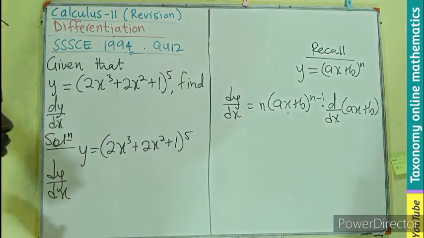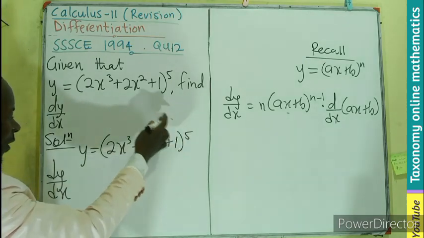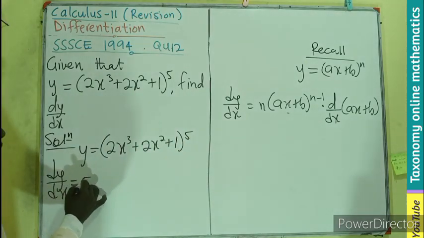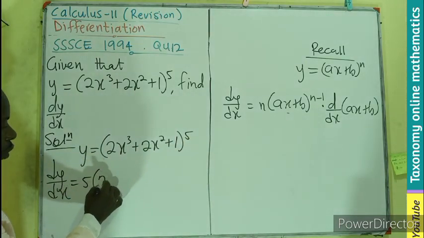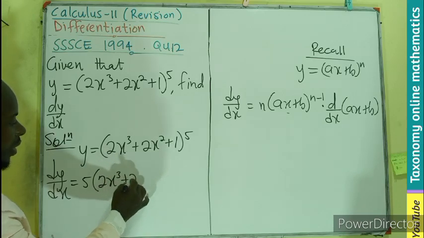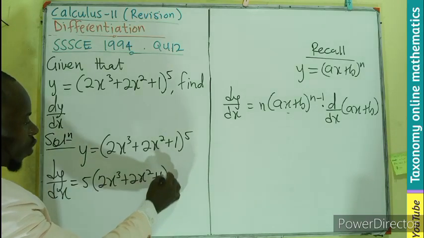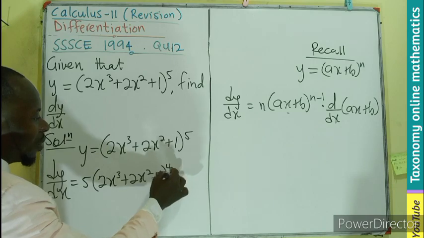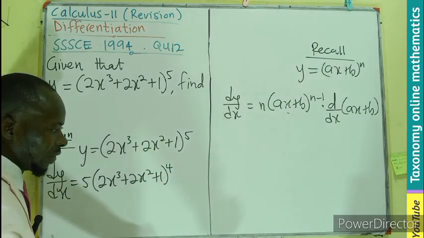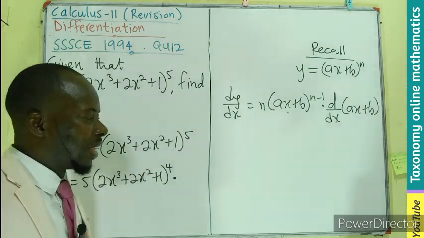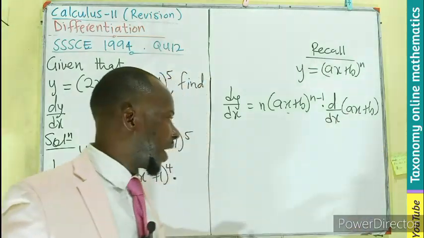So let's see if that could be applied here. This is our n. It comes forward to multiply the whole (2x³ + 2x² + 1), reduce the power by 1, you get 4, multiplied by the differentiation of the terms in the bracket.